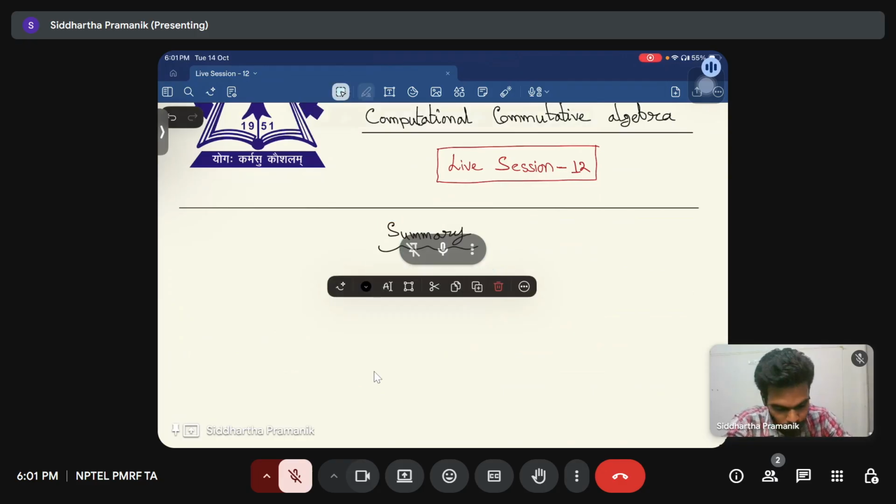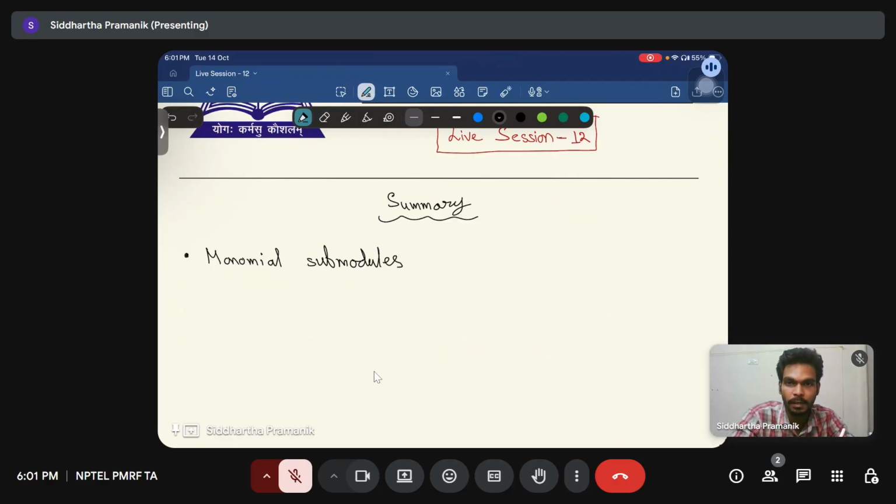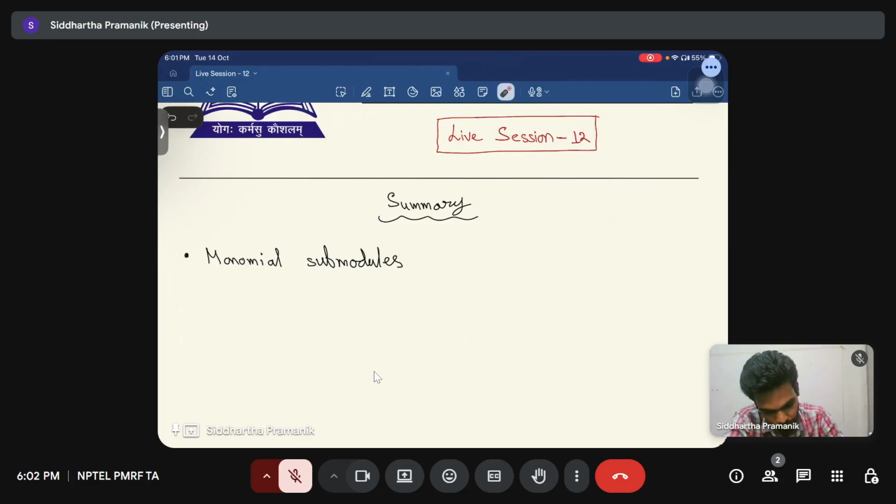So in week 12, we started by defining what are known as monomial submodules. This is an analog of the concept of monomial ideals. Basically, monomial submodules of a free module of finite rank.